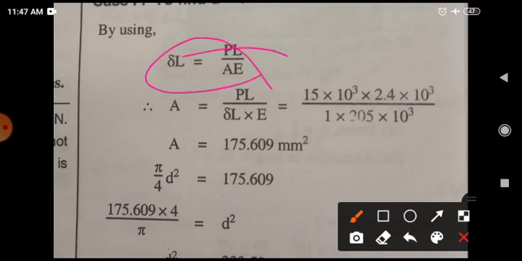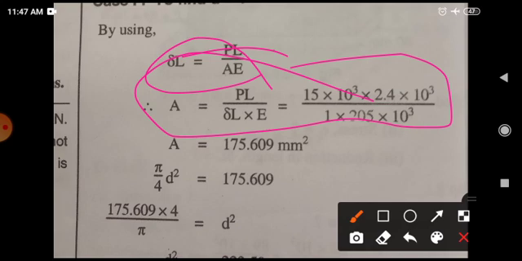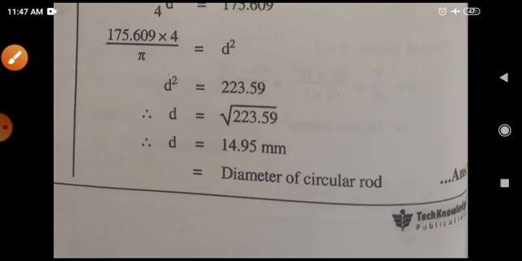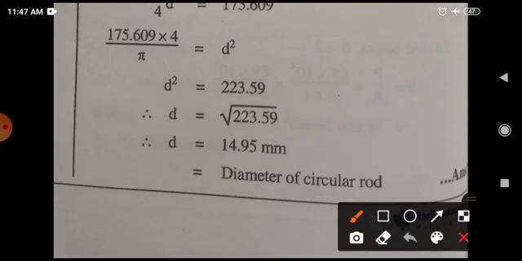The equation is written for dL, all the values are put into the formula, and then you get the diameter equal to 14.95.